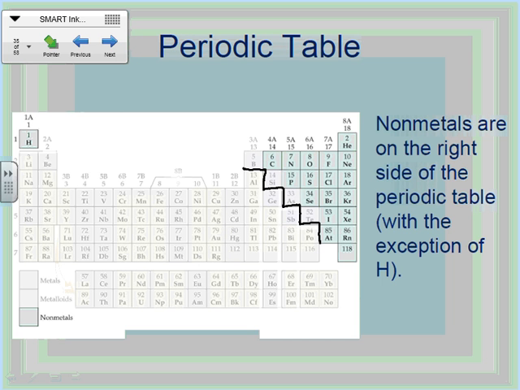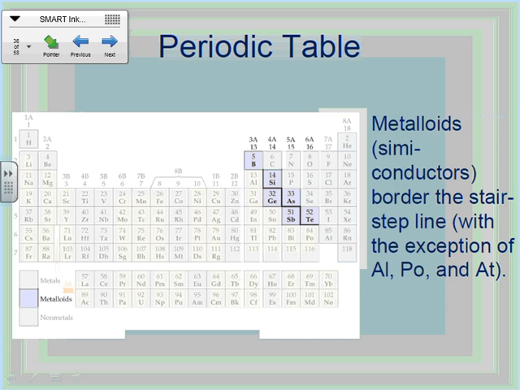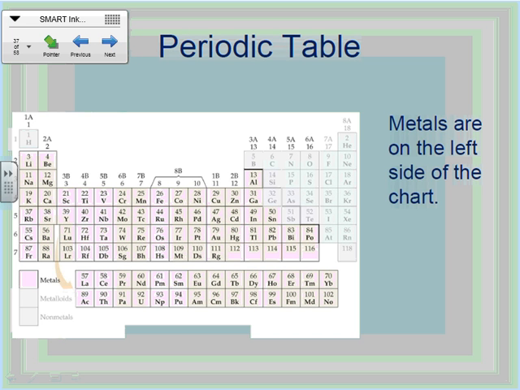Notice the things that are right on the stair-step line are grayed out because that's called something else. That's called the metalloids. The metalloids are the ones that are semiconductors. Those are the ones that act like metals and nonmetals sometimes, just depending on the situation. And then you've got your metals, which is the majority of the periodic table. That's on the left side of the chart.